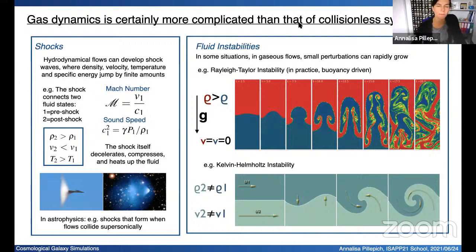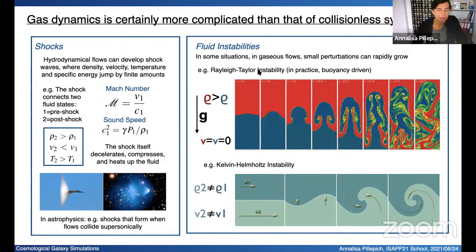And so, for example, in the universe, because we're dealing with gas, we can have shocks or fluid instabilities. I think everybody knows shocks, but let me just go through them. For example, hydrodynamical flows can develop shock waves when you have a jump of density, velocity, temperature, specific energy by a finite amount. And you can connect the states of the gas pre-shock and after shock, you can define a Mach number, etc. But also very important for astrophysical applications are fluid instabilities.